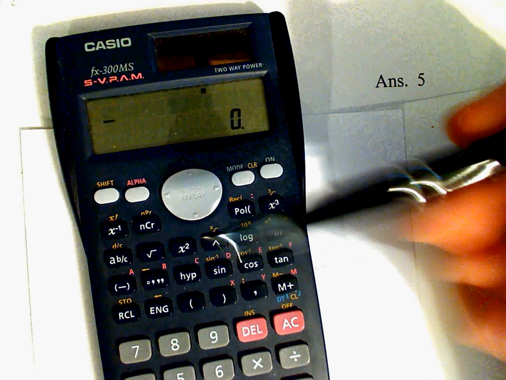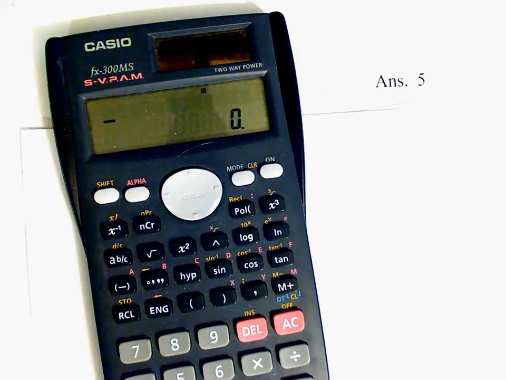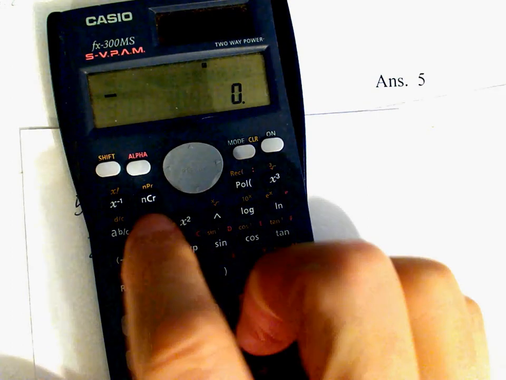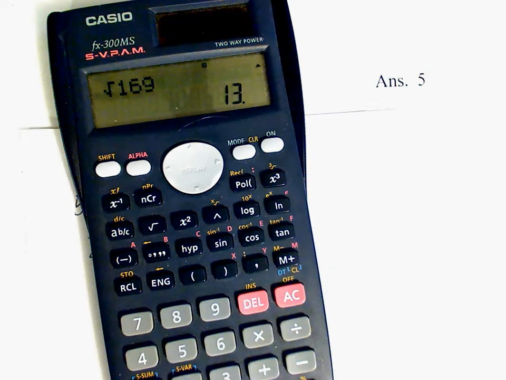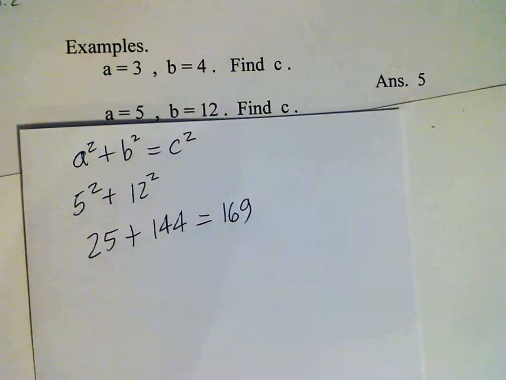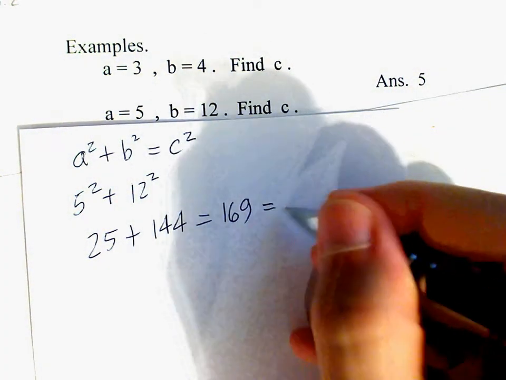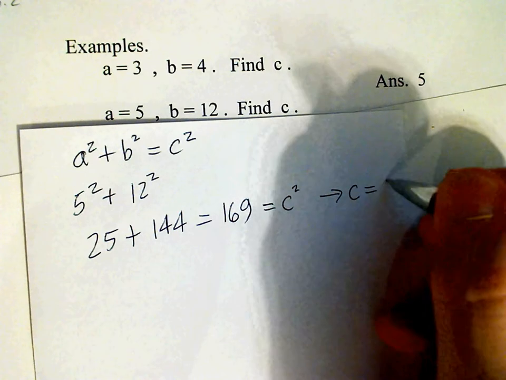On my calculator, I have a square root button right here, and you probably have a similar key on your calculator. So square root 169, the answer is 13. So C is equal to 13.